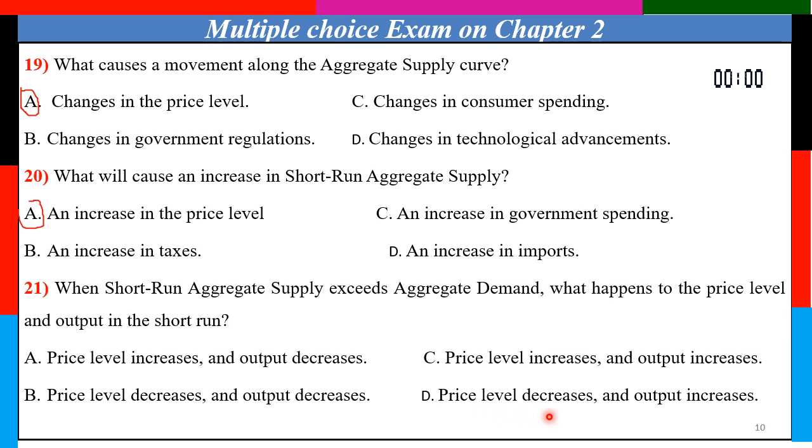D. Price level decrease and output increase. So the right answer is D.